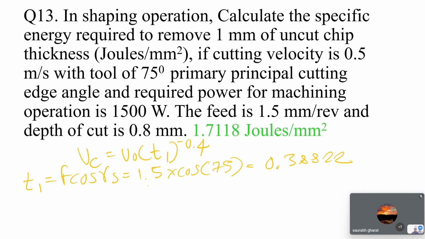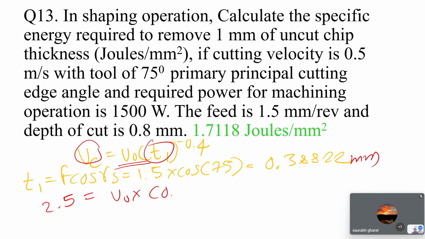0.38822. So right now what we have, you want UC, and what you have is this and this. Okay, calculate it now. So it will be 2.5 into T, 0.3882 millimeters raised to 0.4.